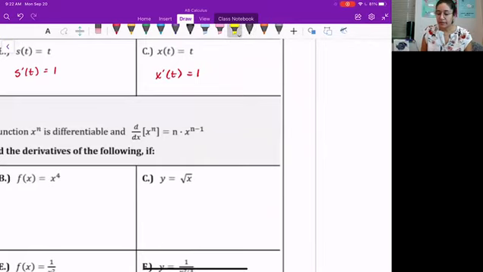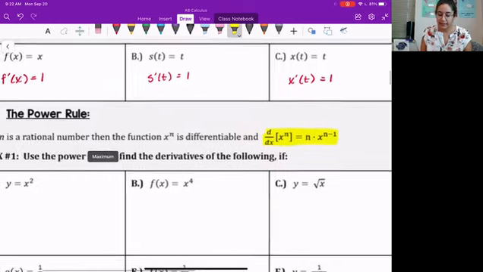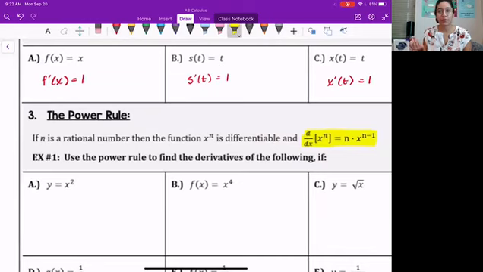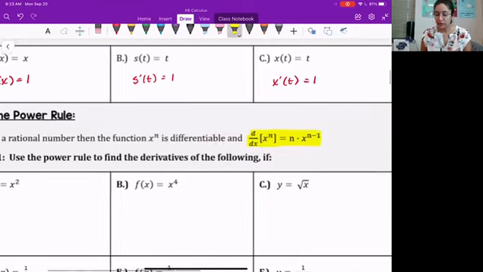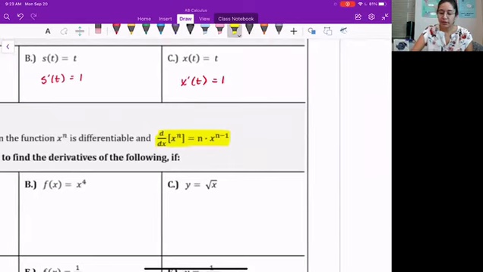It says when we're taking the derivative of a variable with a power, if n is a rational number and we have a function x to the nth power, it'll be differentiable. And what we're going to do is take that exponent and bring it out to the front, and then reduce the original exponent by 1.